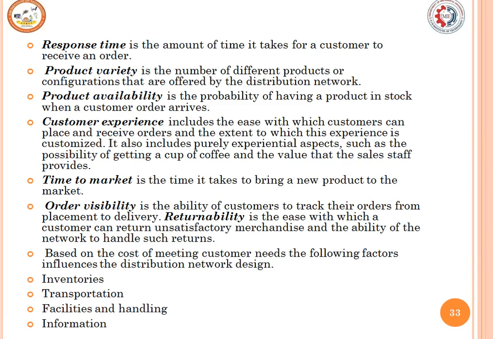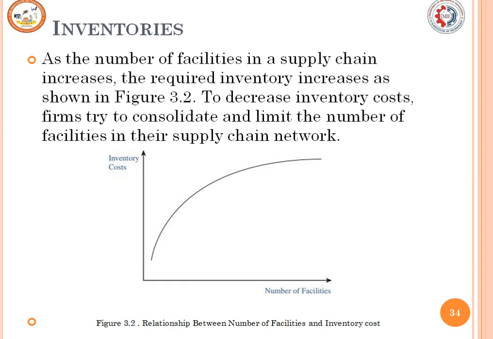Based on the cost of meeting customer needs, the following factors affect the distribution network design: first inventories, second transportation, third facilities and handling, and fourth information. Regarding the relationship between the number of facilities and inventory, as the number of facilities increases, the inventory cost also increases.